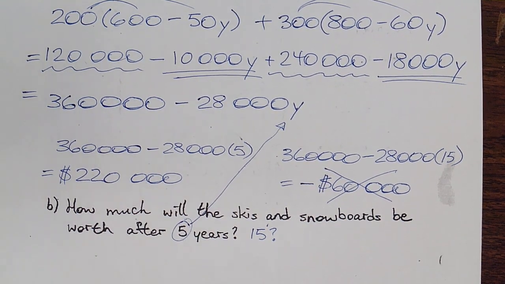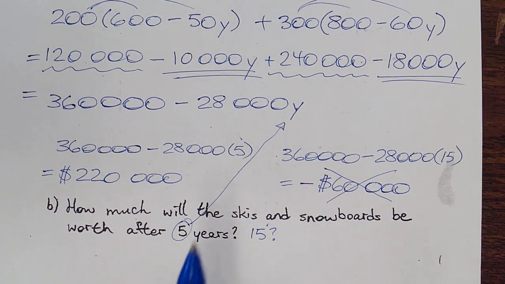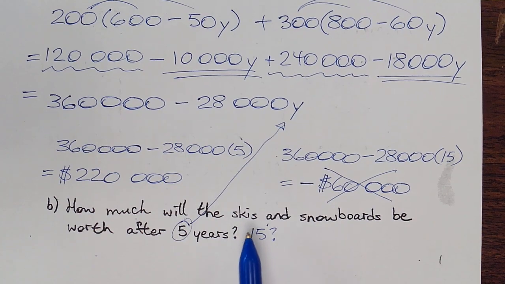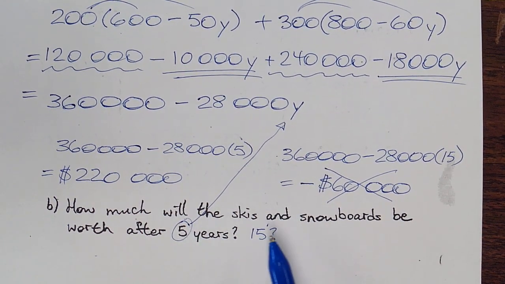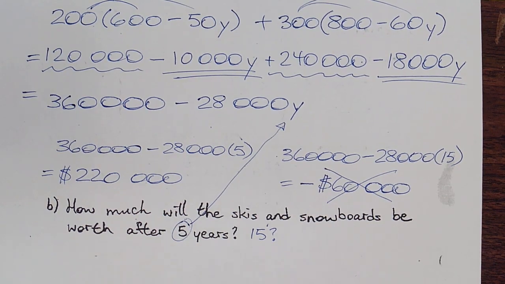So if you were to estimate how many years do you think the skis and snowboards will last? 10 or 12, something like that. Next chapter, we will actually use algebra to figure out the exact year and months of how long the skis and snowboards will be worth. But that's next chapter when we do solving algebra.